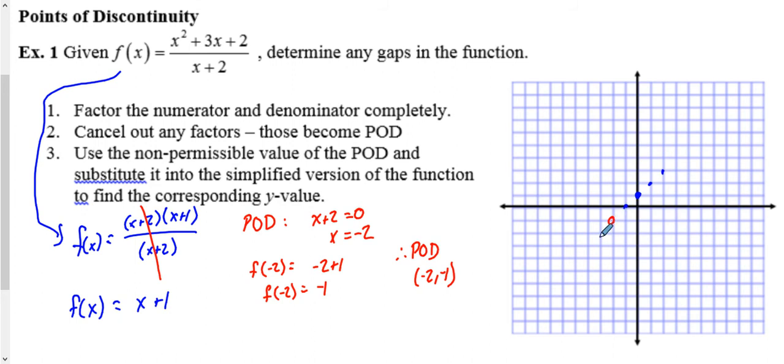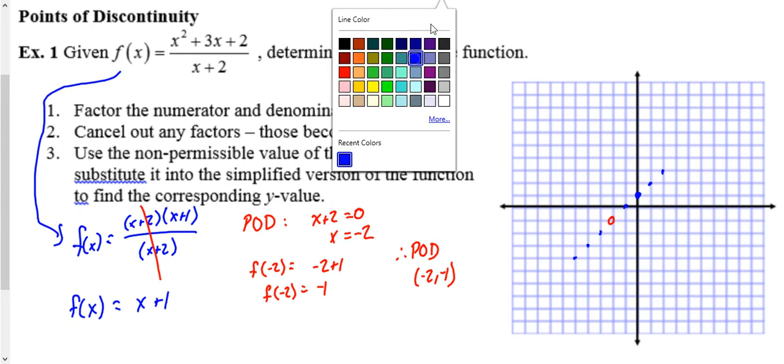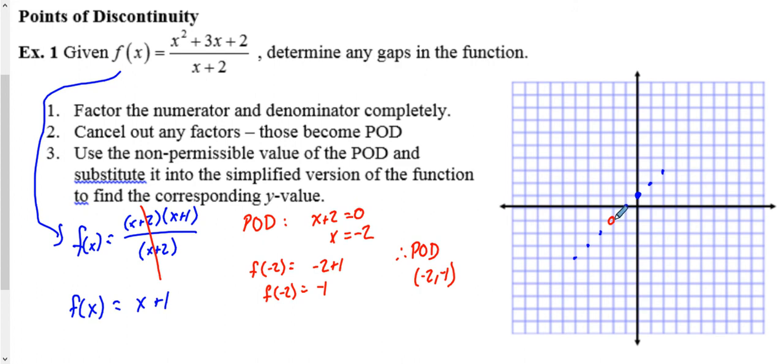To get to my POD, I'm going to skip it and continue on with a few dots there. All I'm going to do now is connect my graph, and then I have my function with a POD in it. It's going to start there, going outwards. There we go, that's half there. And the other half is going to go down. And there we have it. So that's example 1.